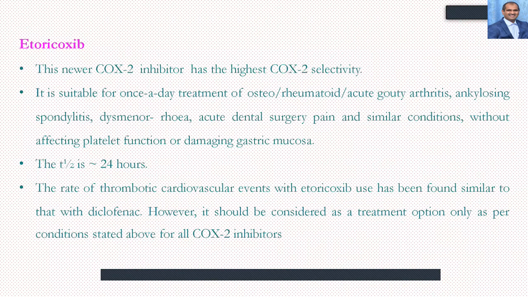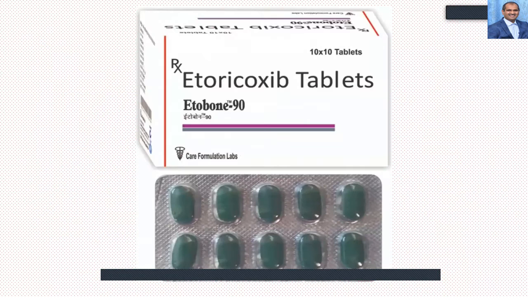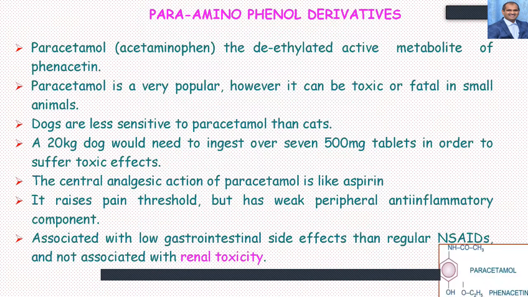So it should be considered a treatment option only as per the contraindications stated above for COX-2 inhibitors. Wherever there is a severe gastric problem, only then do these drugs need to be used. Etoricoxib is available as 90 milligram tablets in blisters.